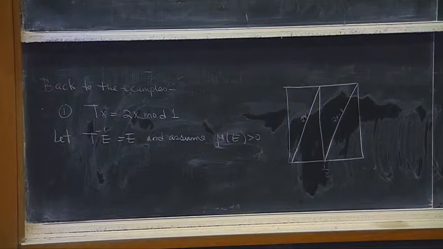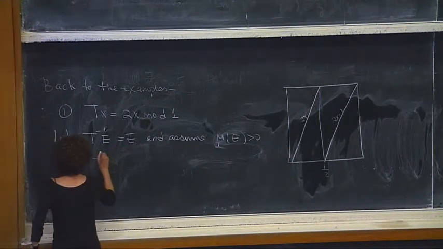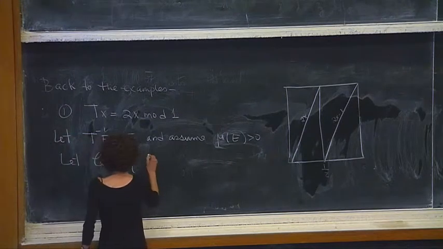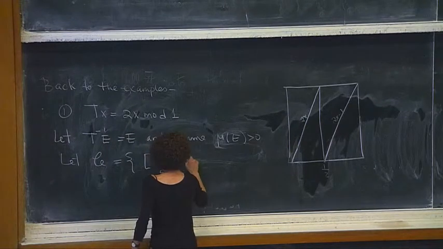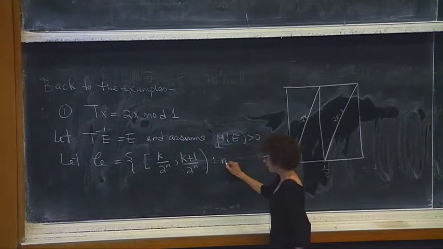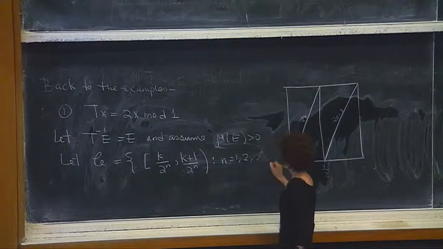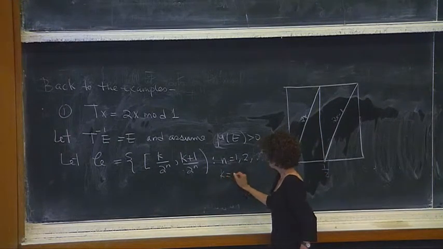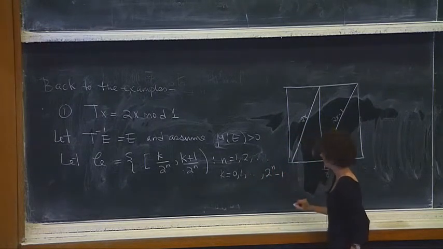OK, so now I have to get this collection C. And the collection C is just the dyadic intervals. So let C be the collection of dyadic intervals, that is k over 2 to the n, k plus 1 over 2 to the n. Here n is 1, etc., and k is 0, 1, up to 2 to the n minus 1.